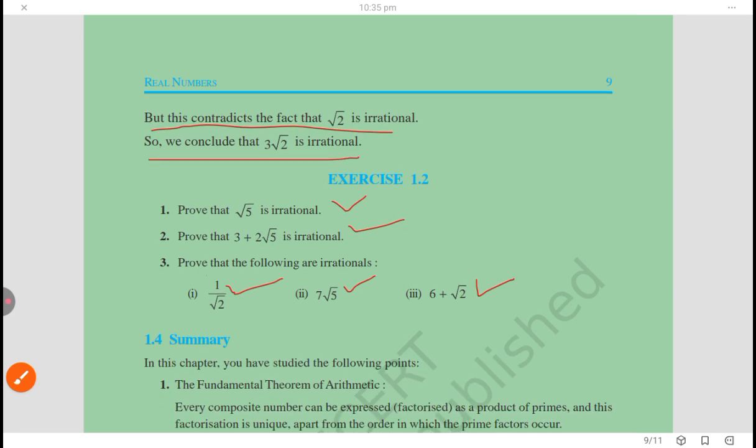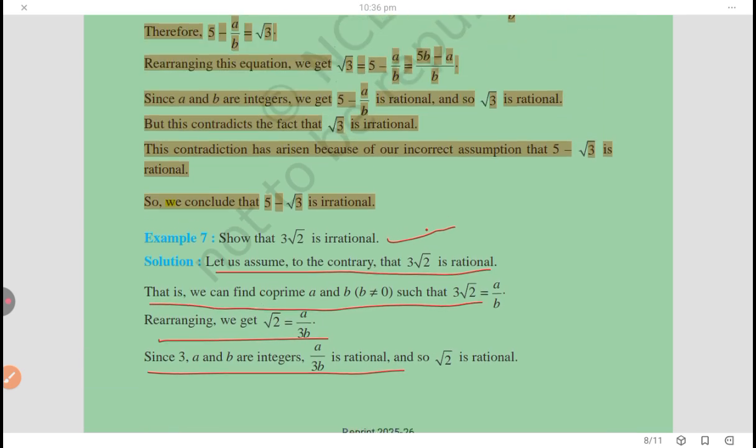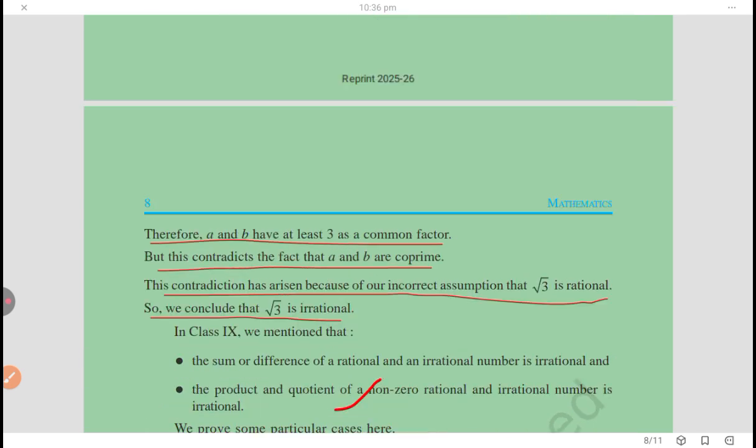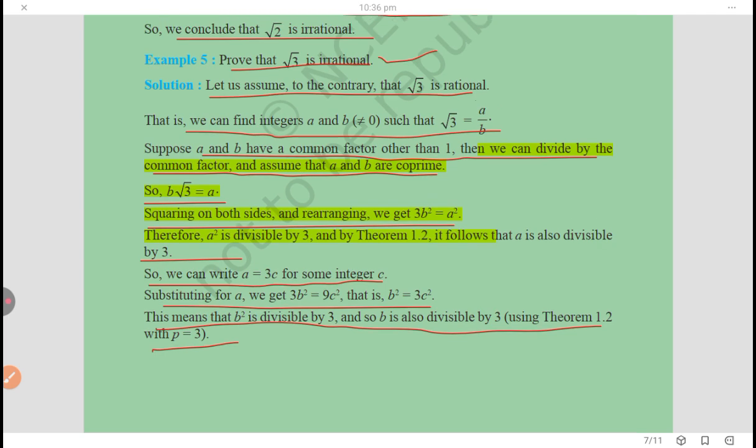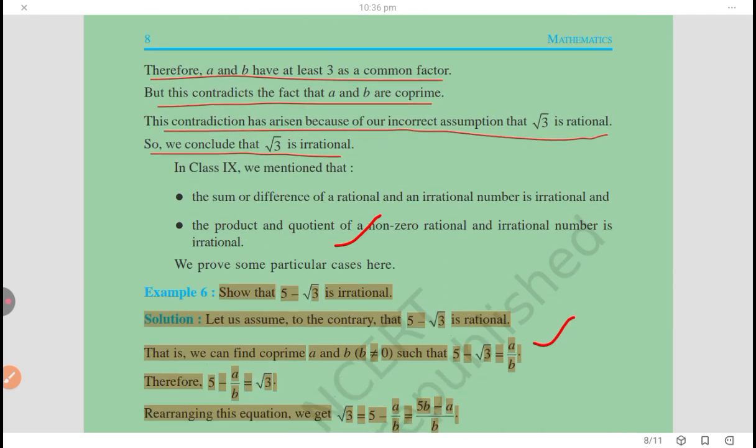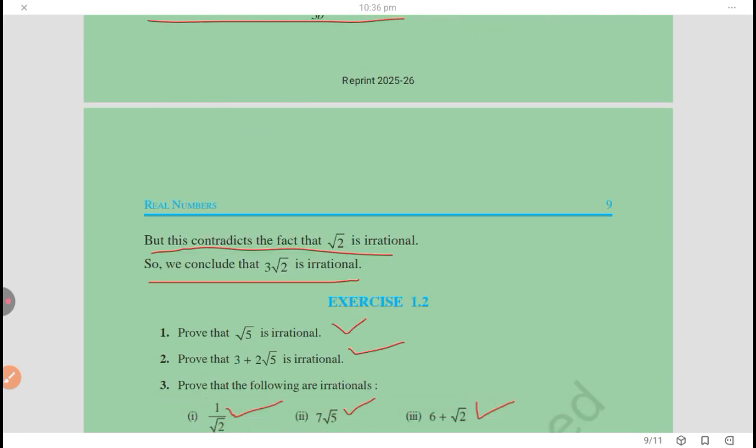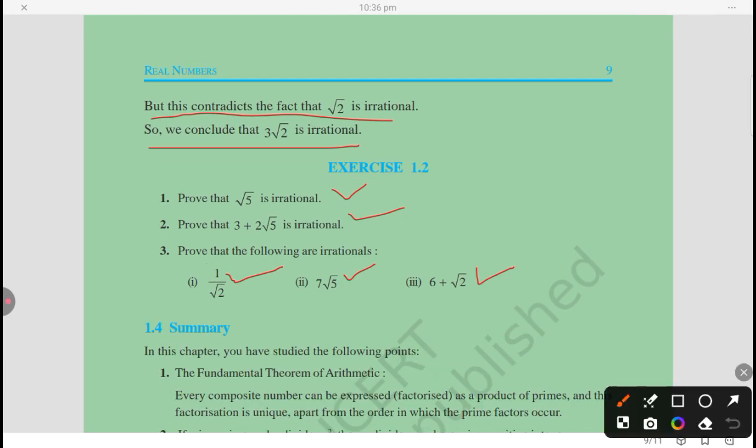Exercise 1.2. Prove that root 5 is irrational. Refer to the above example 5. And prove that 3 plus 2 root 5 is irrational.